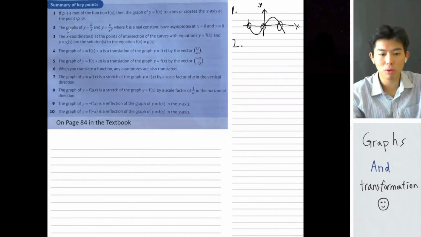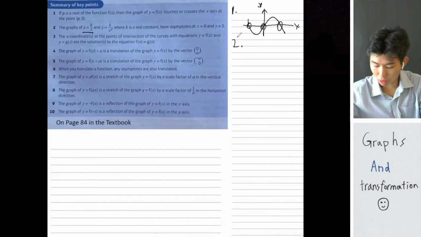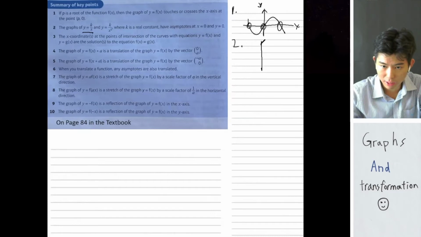Okay, so for part 2, the graphs of y equals k over x and y equals k over x squared, where k is a real constant, have asymptotes at x equals 0 and y equals 0. The graph of y equals k over x would look something like this. Let's say this one is y and this one is x.